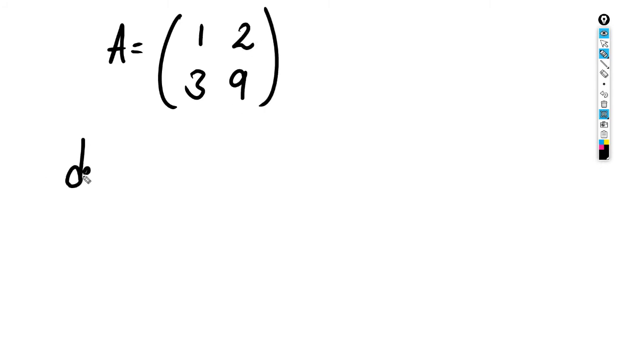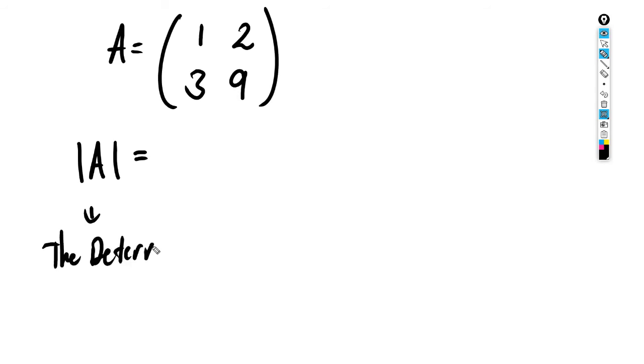Instead of writing det A like I did before, you can actually just write A with the modulo symbol, which is basically 2 lines around it. And this is the same thing as the determinant. Same thing. Awesome, great.